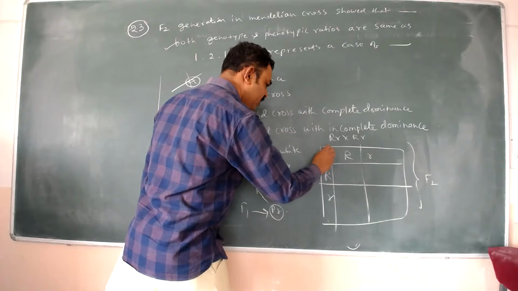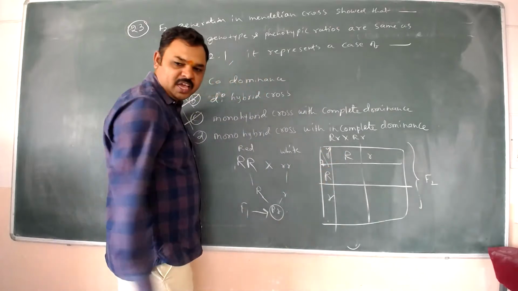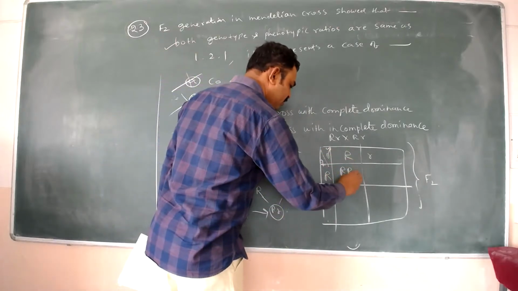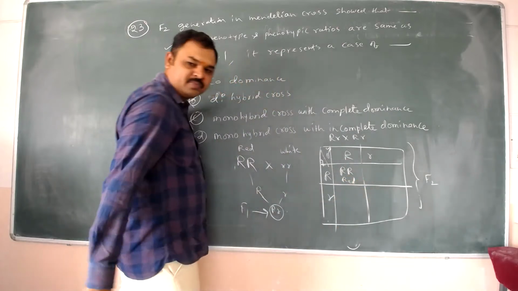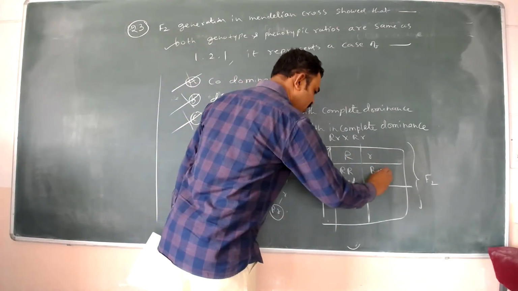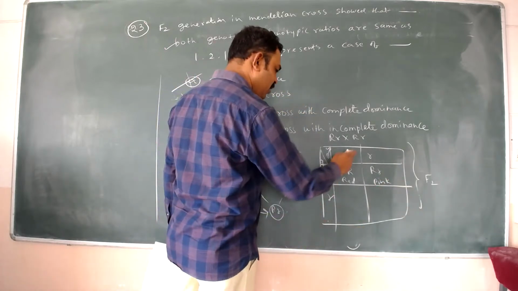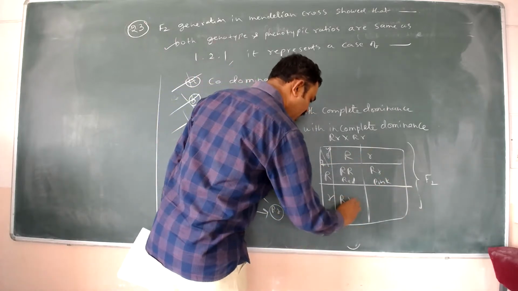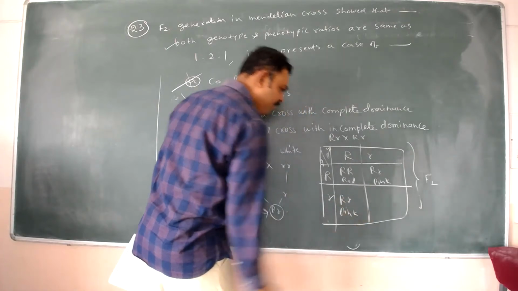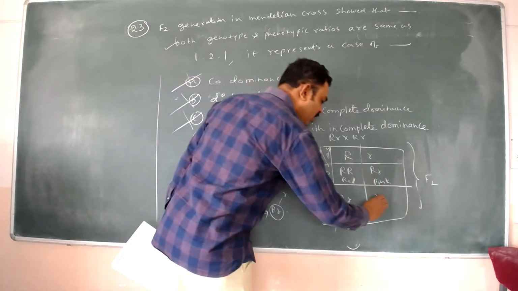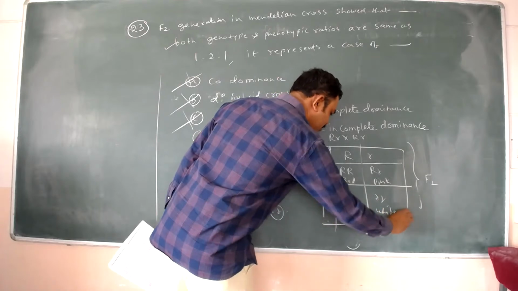This is the male parent, this is the female parent. Capital R capital R is red color flowers. Capital R, small r, what color will come? Pink color flower. Again capital R, small r is pink color flower. Small r small r, white color flowers will come.